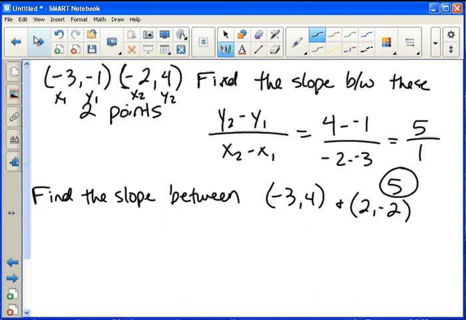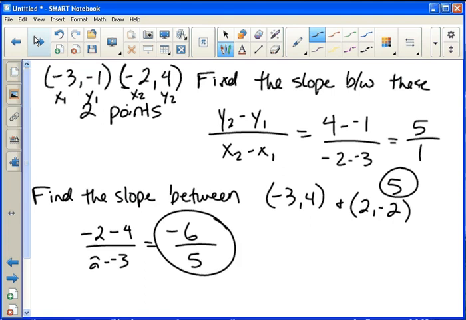So we'll do -2 minus 4 over 2 minus -3. That gives us a -6 on top and a 5 on the bottom. So our slope is -6/5. For the first set of points, we saw a positive slope, which means this line would be increasing. In the second, we saw a negative slope, so it would be decreasing.